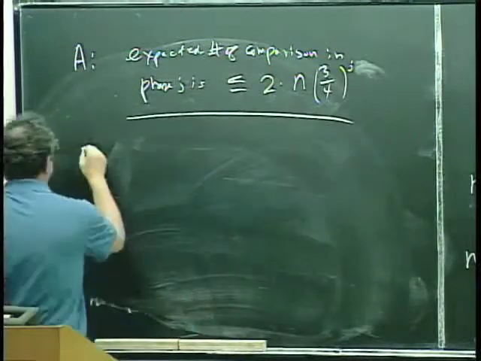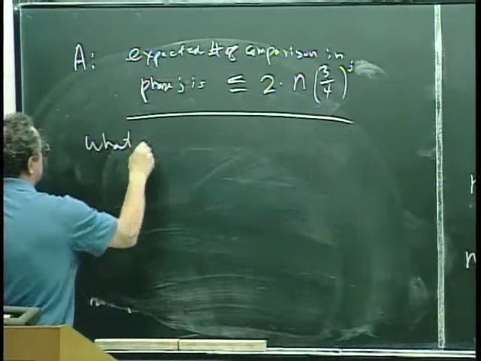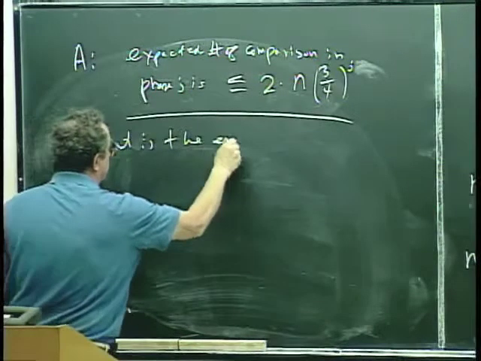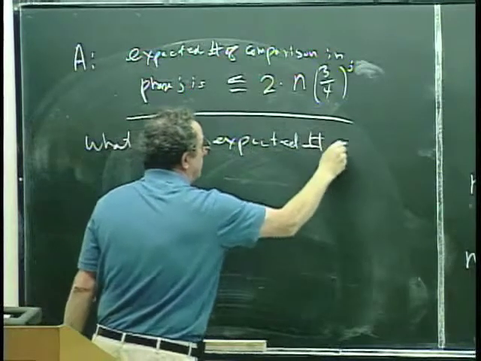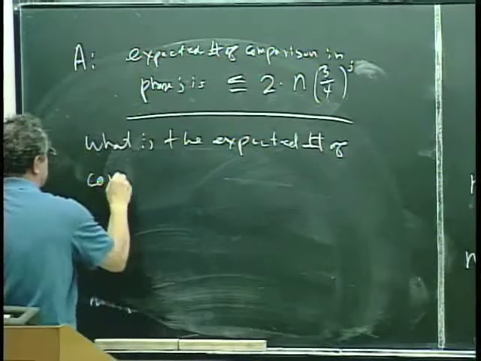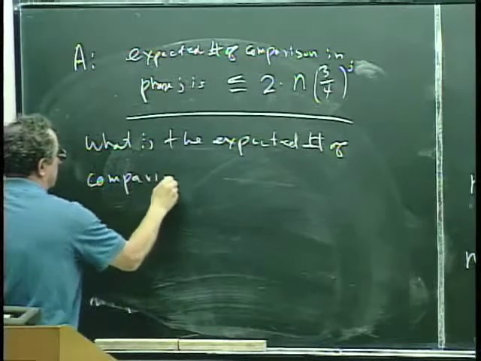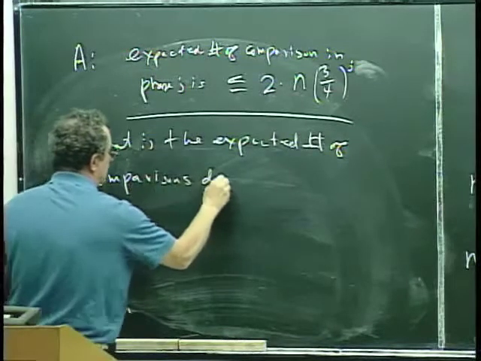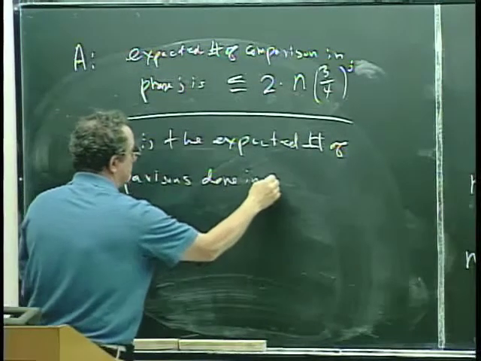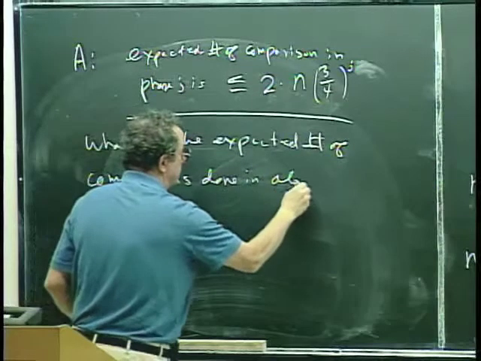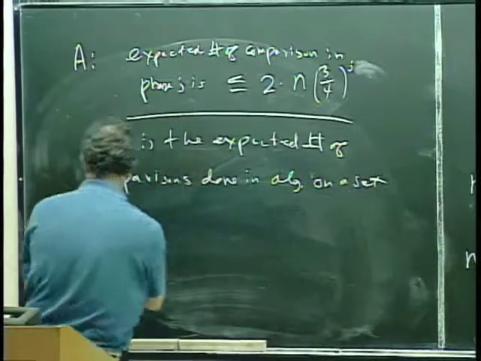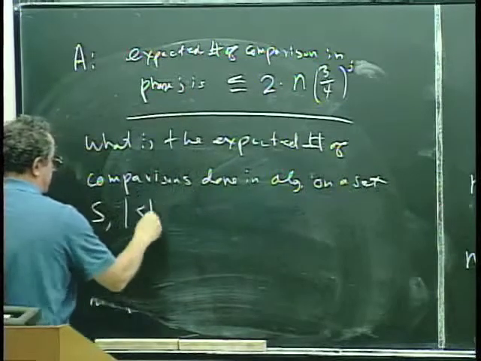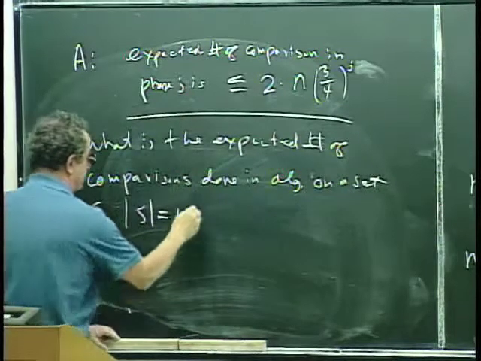Next, we can ask, what is the expected number of comparisons done in the algorithm on a set S, where its size is going to be denoted as n?